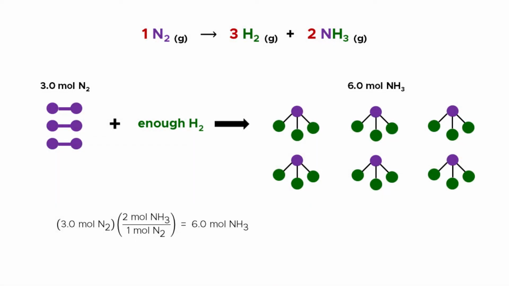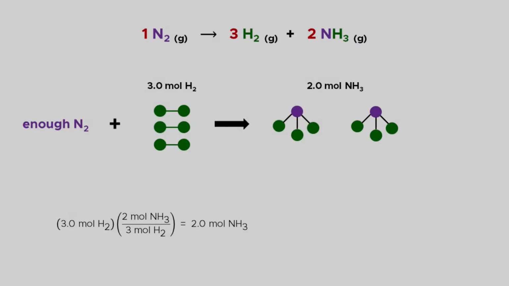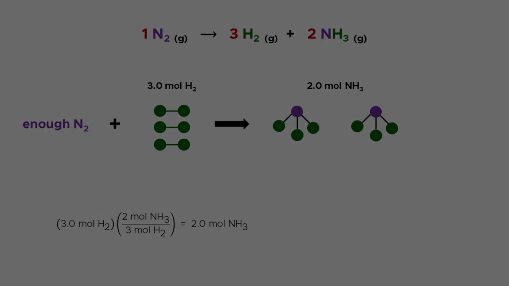Let's say we were given 3 moles of nitrogen and enough hydrogen to react, according to this balanced chemical equation. We can see that we would be able to form 6 moles of NH3, which is supported by the stoichiometry calculation shown. If we were given 3 moles of hydrogen and enough nitrogen to react, then we could form 2 moles of NH3.